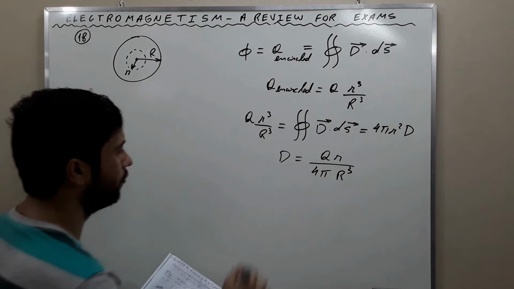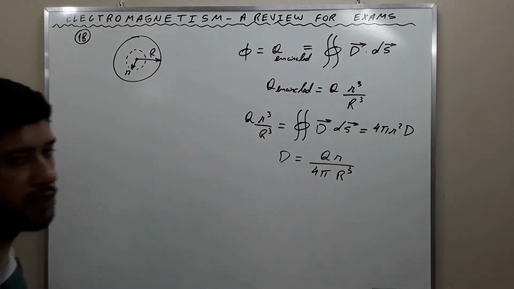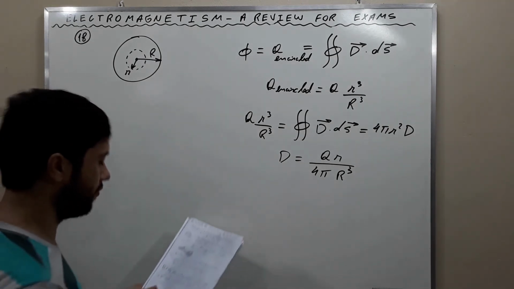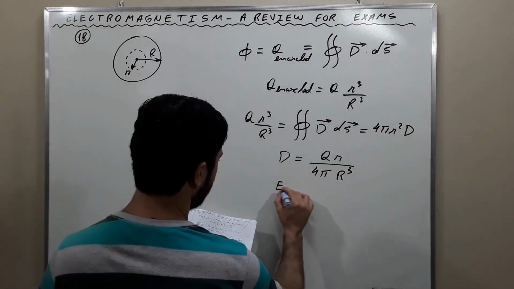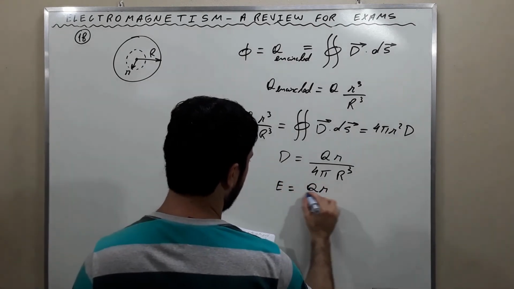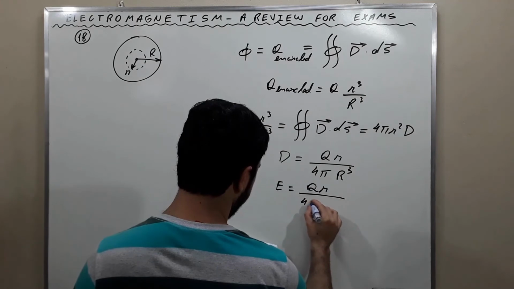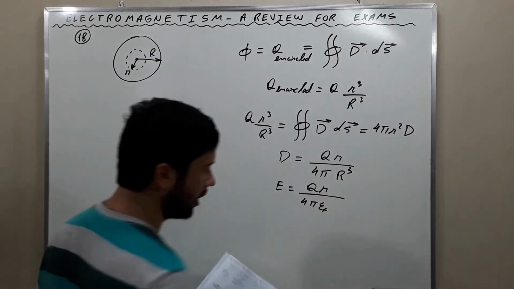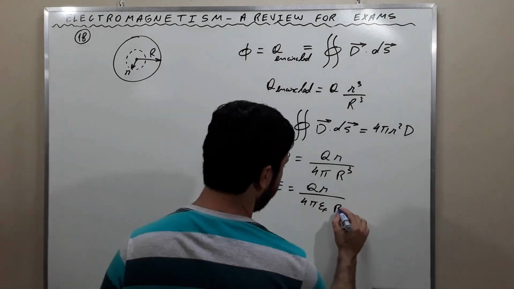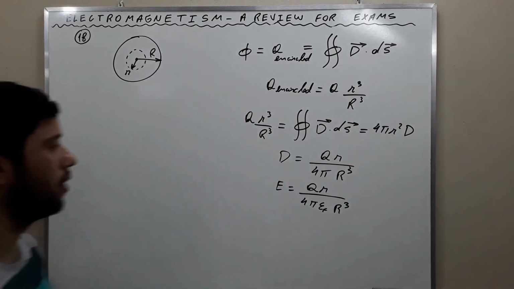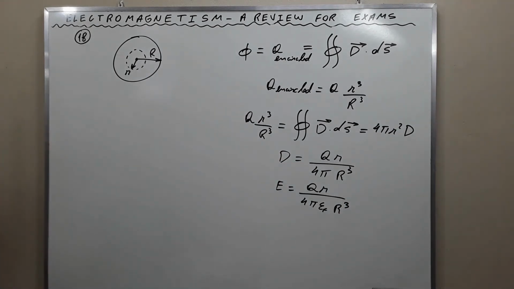And from the flux density, we get that the field is equal to Q r over 4 pi epsilon 0 R cubed. Okay? This is the expression.